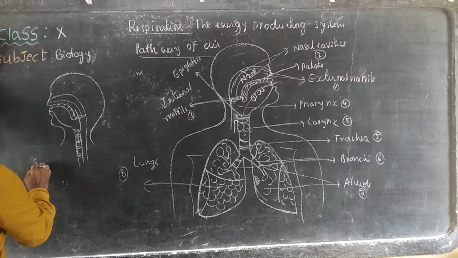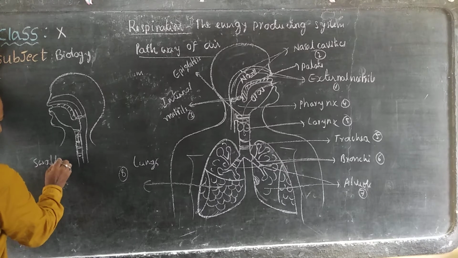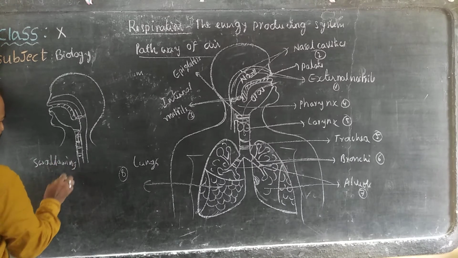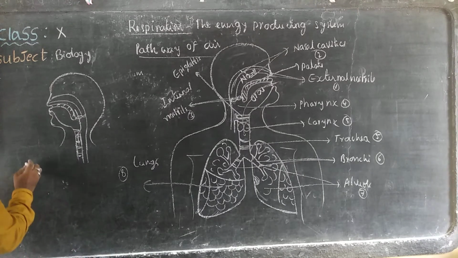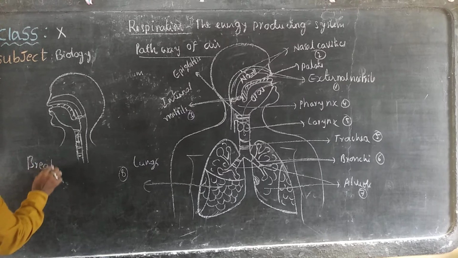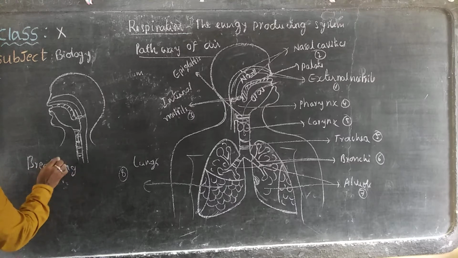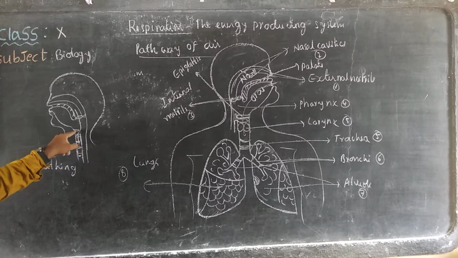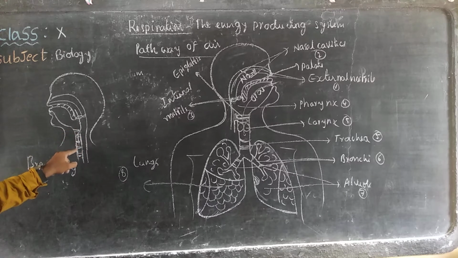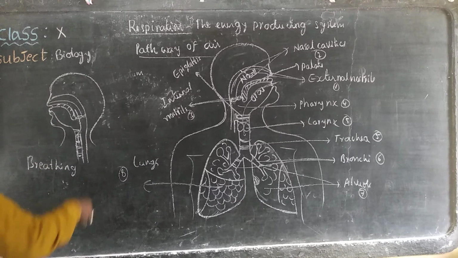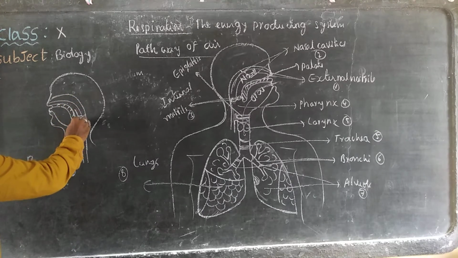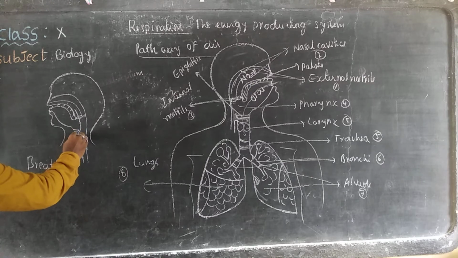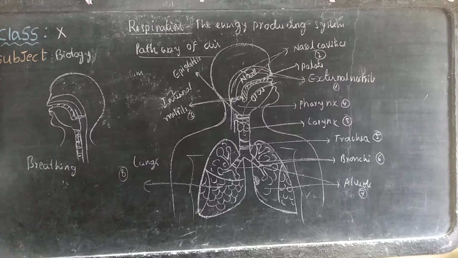This is breathing. In the process of breathing, the epiglottis is not covering the trachea or air pipe. That's why air passes through the nasal cavities and internal nostrils to the pharynx and then to the trachea.